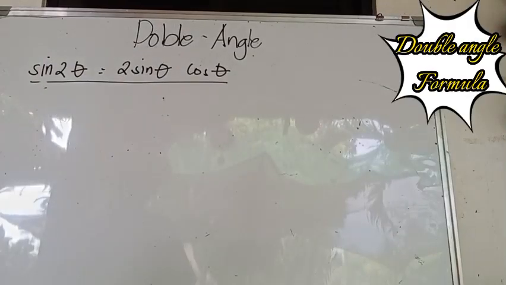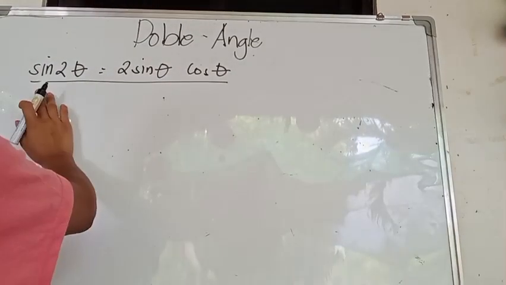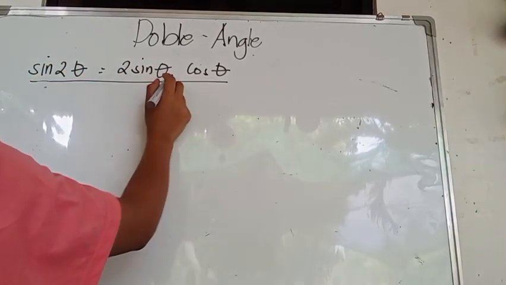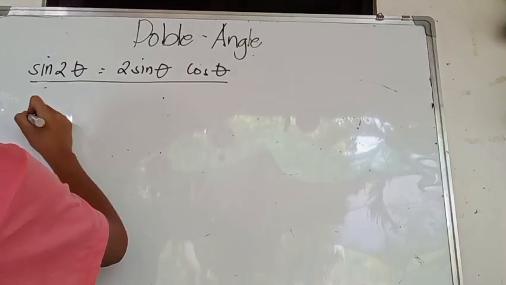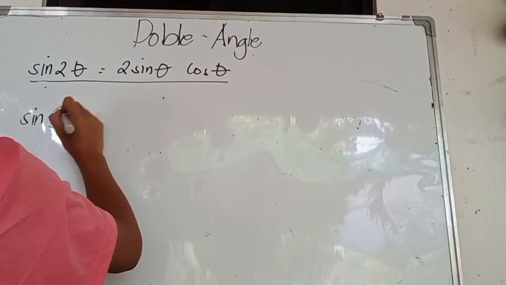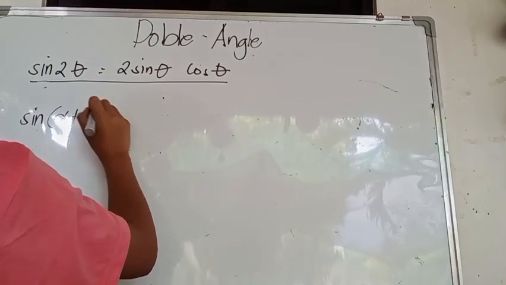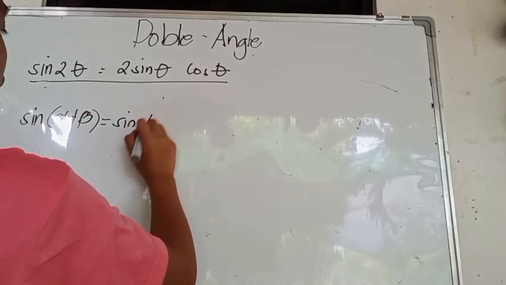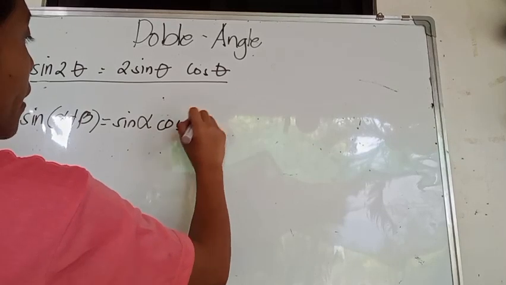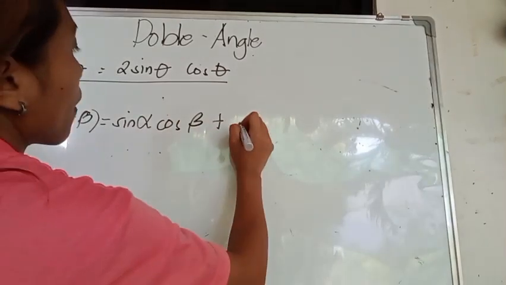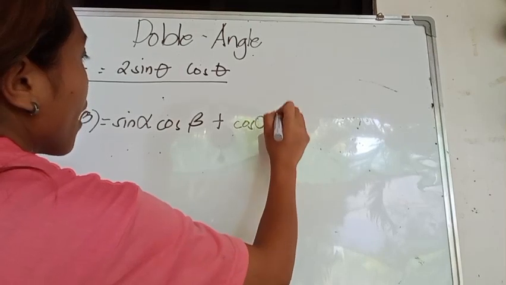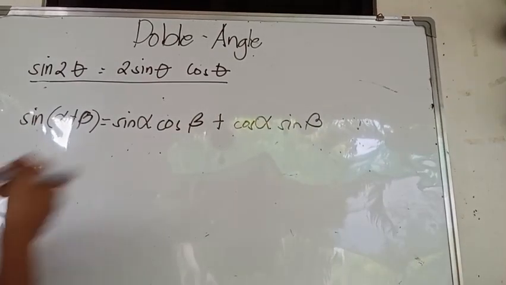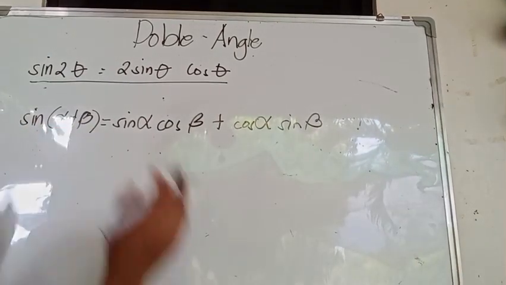Now let's start with the double angle formula. We will prove this one: sine 2 theta is equal to 2 sine theta cos theta. It starts from sine of alpha plus beta, which is equal to sine alpha cos beta plus cos alpha sine beta. Then we will change the alpha and the beta into theta.